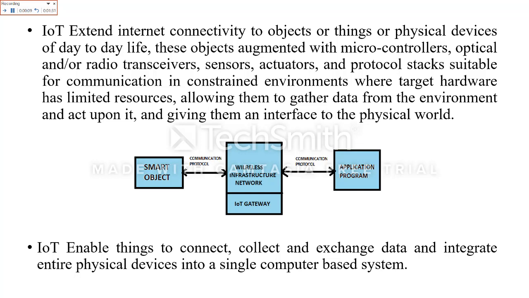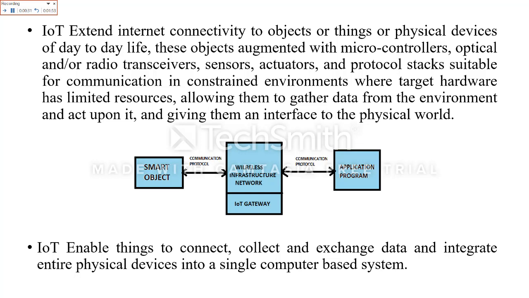Now all these physical devices might be your washing machine, or it may be a TV, or any wheelchair; any physical device which you are using in day-to-day life can be connected with each other by means of the internet. So IoT provides this facility to connect all these objects.